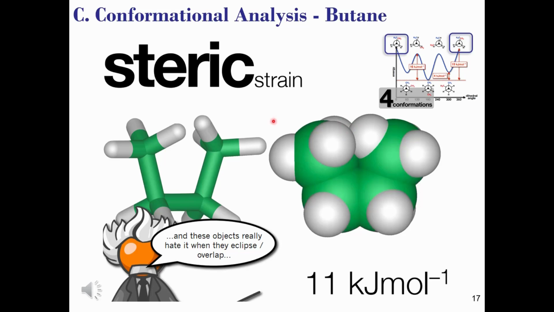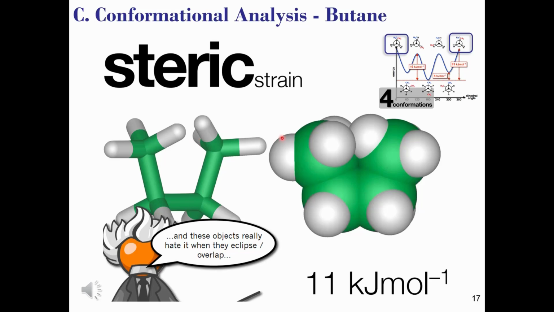This can't be lessened by rotating the molecule around a sigma bond, whereas torsional strain can be lessened by rotating the molecule around the sigma bond. Torsional strain occurs only when bond electrons pass by each other as the molecule is rotating. But steric strain occurs when the distance between the bulky groups of a molecule is decreased.